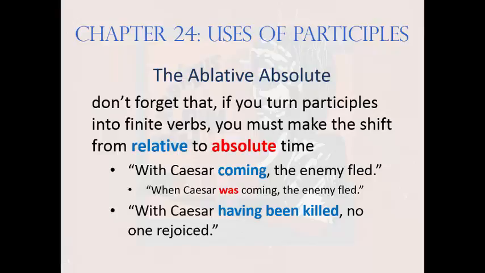And the main verb is past tense. So what tense in absolute time shows action prior to the past? The pluperfect. "After Caesar had been killed, no one rejoiced." I told you relative versus absolute time would keep coming up in this class, and this isn't the last time. Just wait until the next chapter. Yikes.